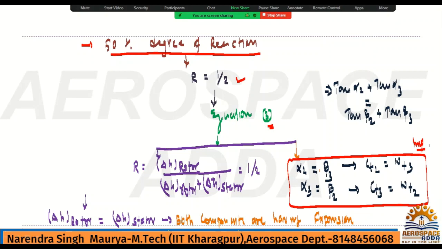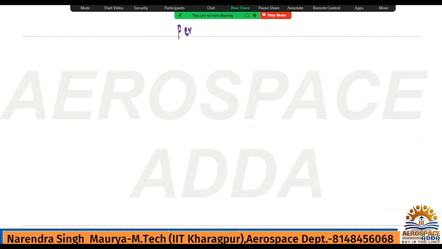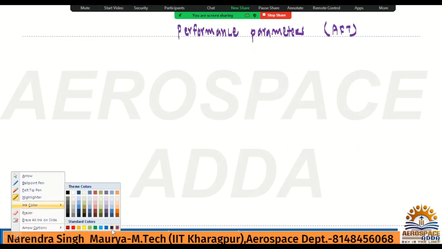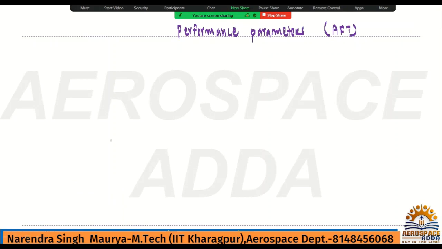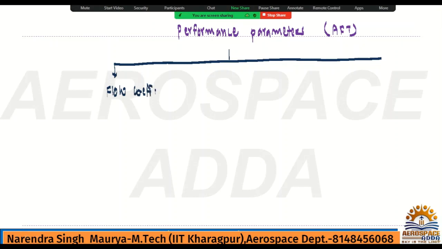All right, now we'll go for the performance parameters for the gas turbine. What are the performance parameters? Basically, these are three: the flow coefficient, the blade coefficient, and the speed ratio.